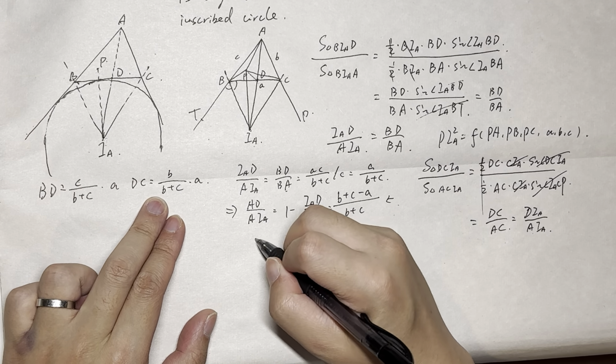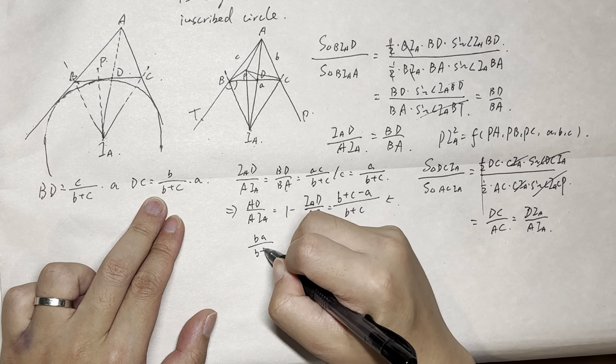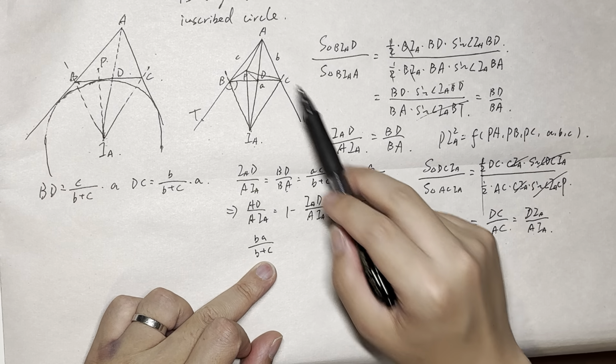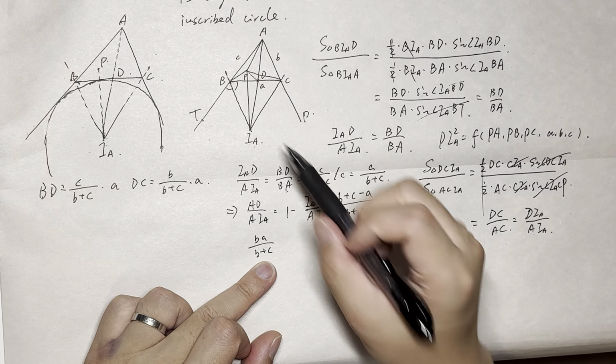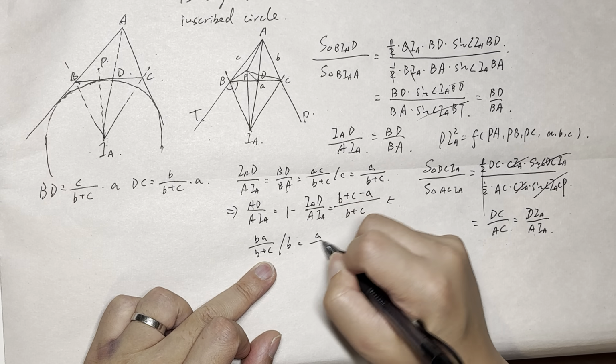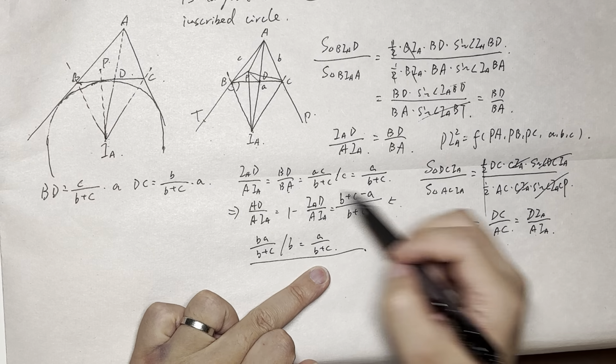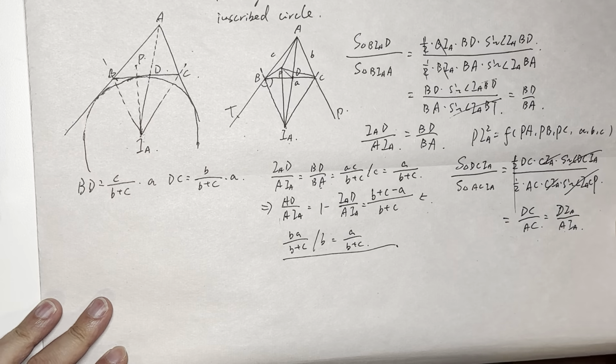DC is BA to B plus C, right? And what is AC here? That's B to B, which equals A to B plus C, right? It keeps the same, so we know that it's true.